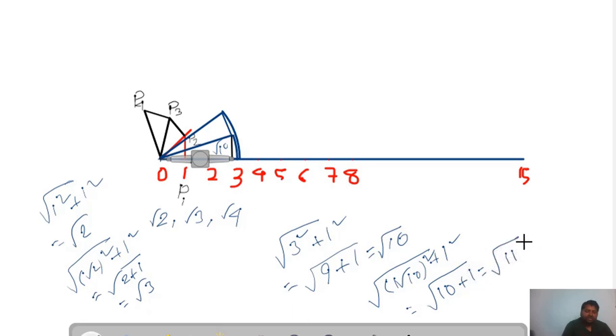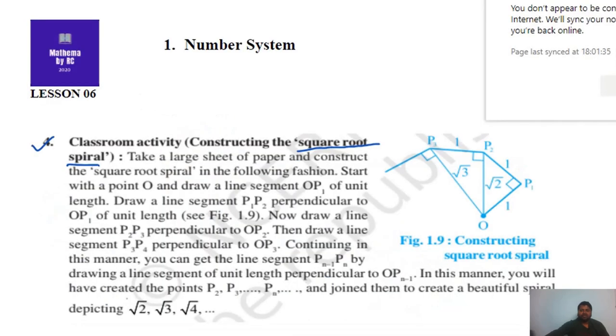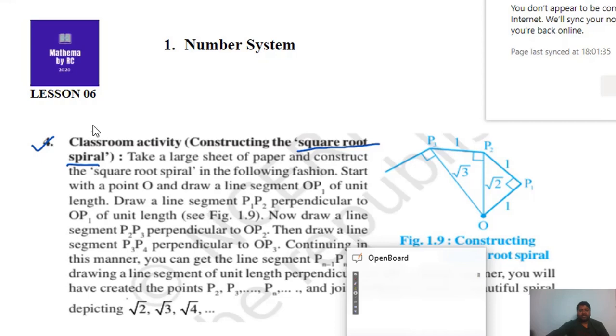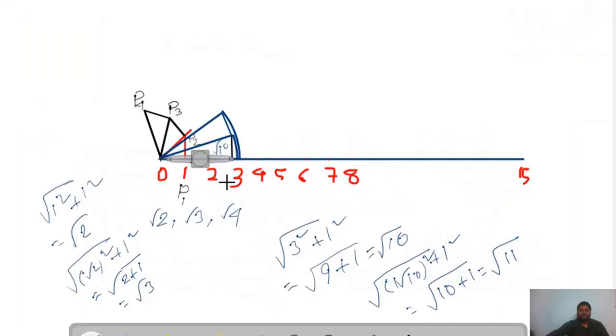So in this way we construct the spiral form. In this class we discuss the square root spiral, and we get root 2, root 3, root 4, root 5, root 6, root 7, root 8, root 9, root 10 and root 11. When you construct with length 2 and 1, then we get root 5, root 6.